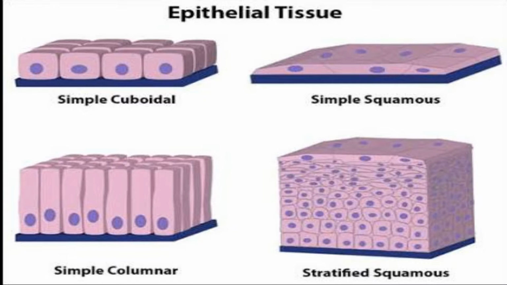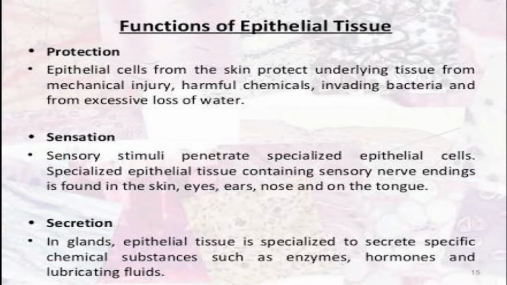The main function of epithelial tissues is to protect the tissues that lie beneath them from radiation, toxins, pathogens and any physical trauma. The second function is the regulation and exchange of chemicals between the underlying tissues and the body cavity.